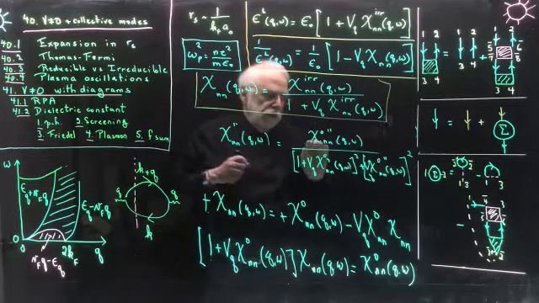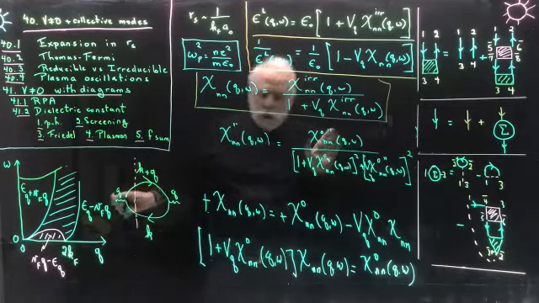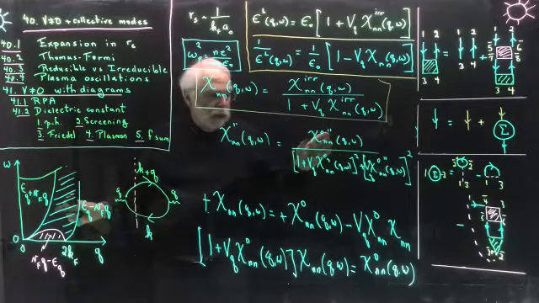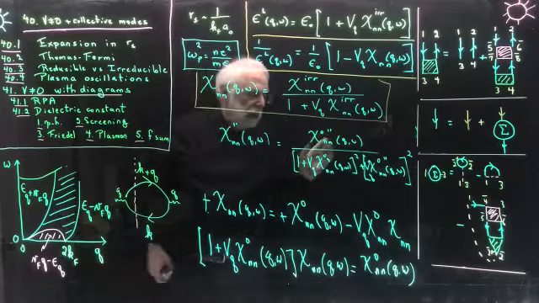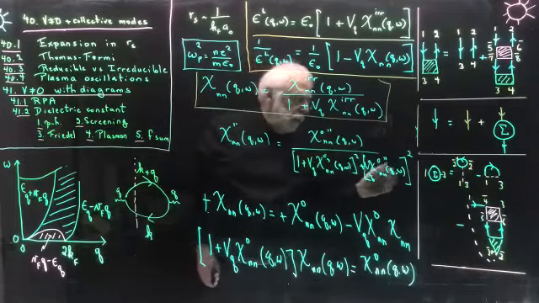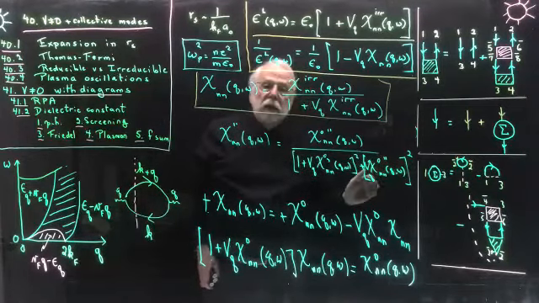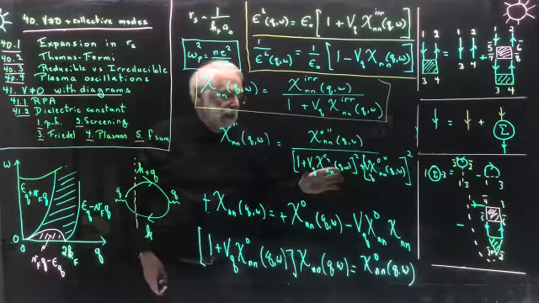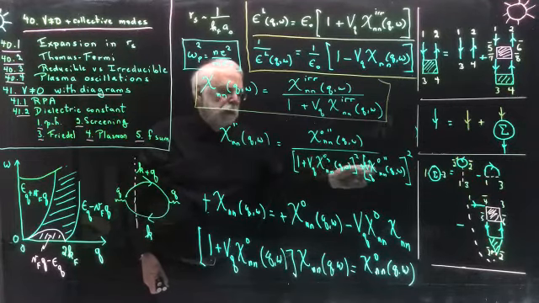Suppose that I have a contribution to a chi double prime. Yeah? So suppose I have a pole here, then the pole here will be canceled by this one because it's square. Okay? So the poles are shifted now. The poles are where this is equal to 0 and this is very small.